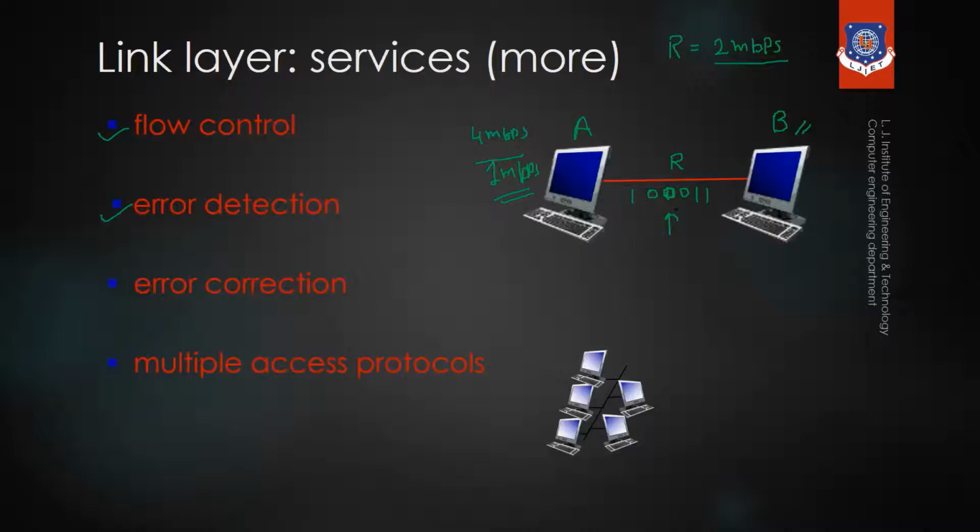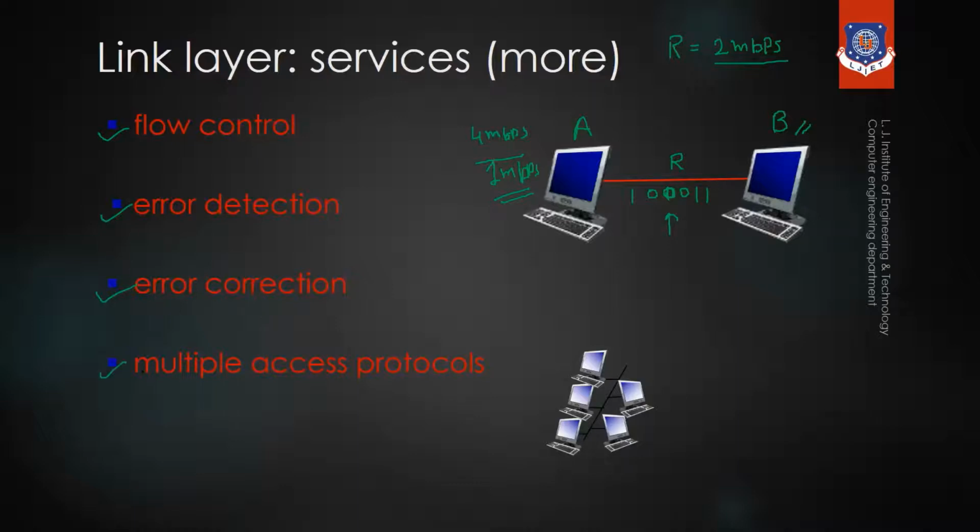So it is the responsibility of the data link layer to provide a mechanism so that if there is an error in data, the receiver can detect it. And if the receiver knows that there is an error in data, it is the responsibility of the data link layer to correct the error.